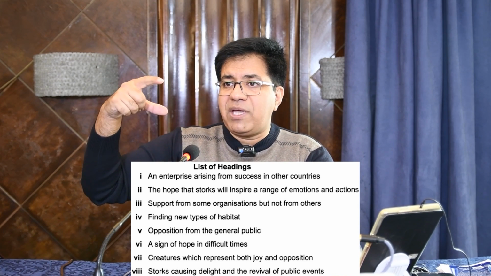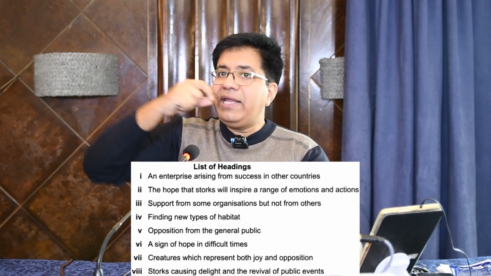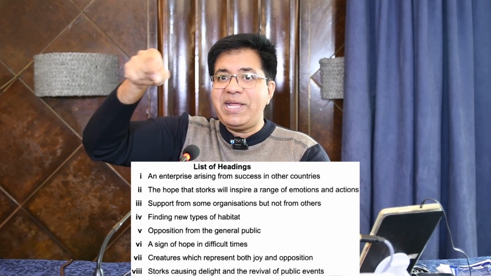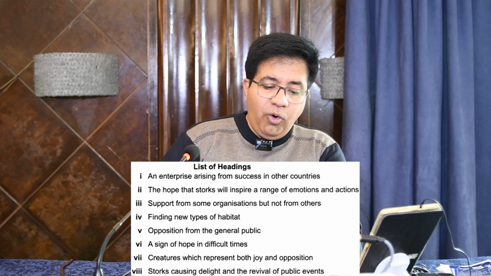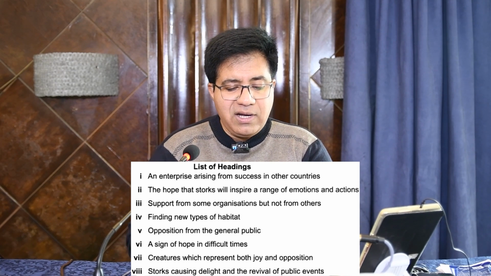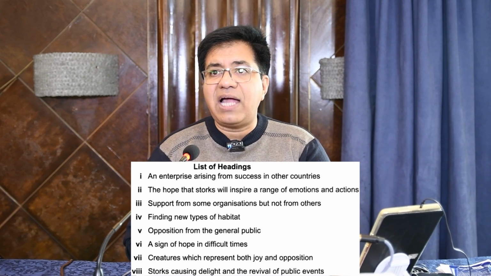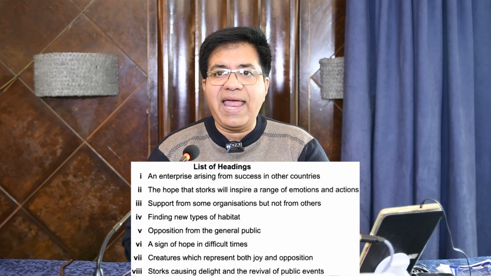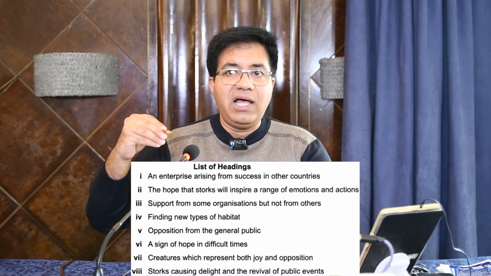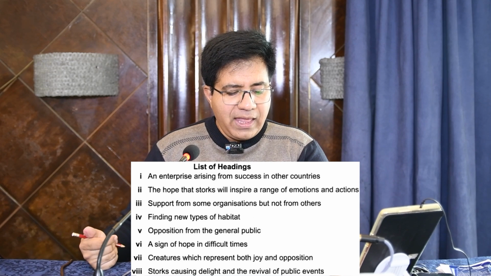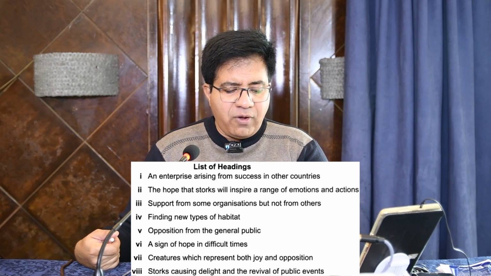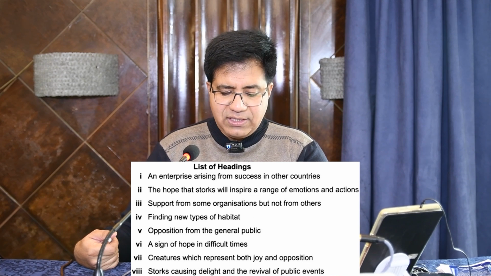You might have seen that picture where there is a bird, and in the beak of the bird is a baby. That bird is a stork. So, hope that storks will inspire a range of emotions and actions. Underline range of emotions and actions. For that they can say love and this and that. Emotions and actions.